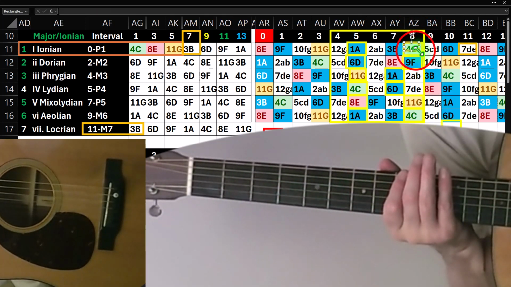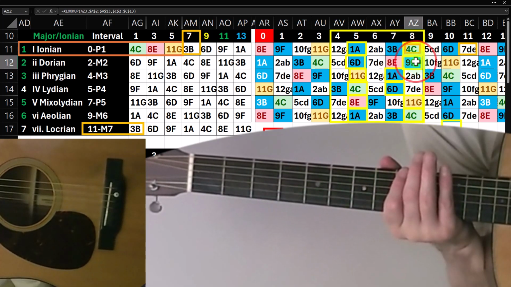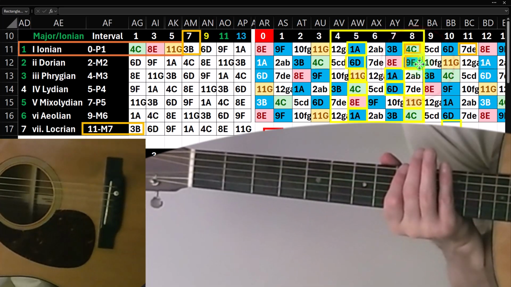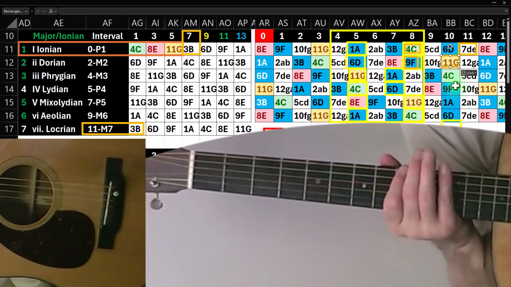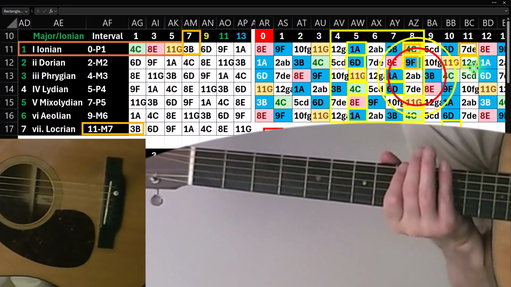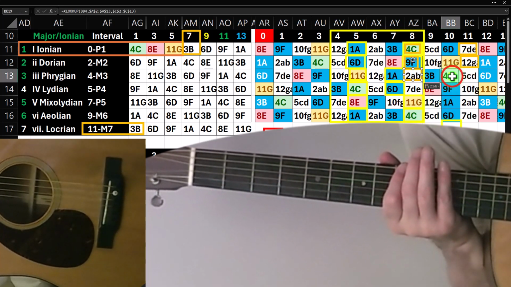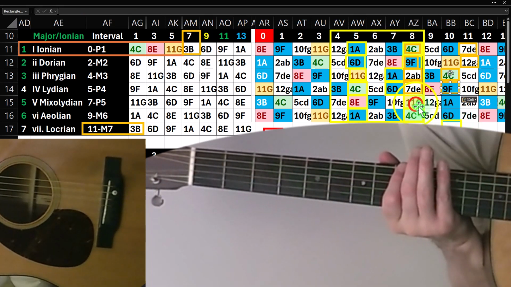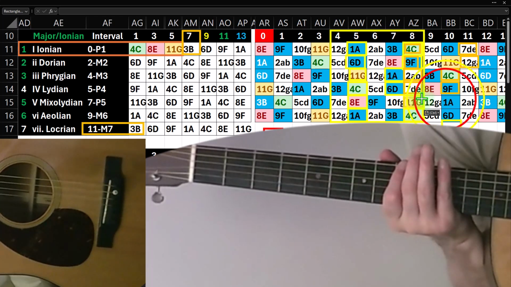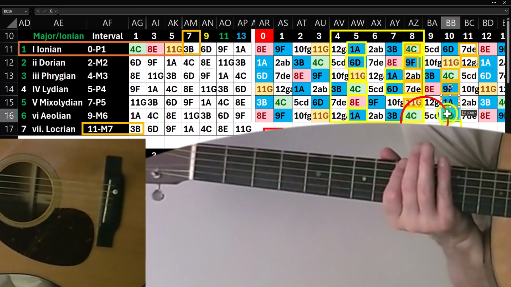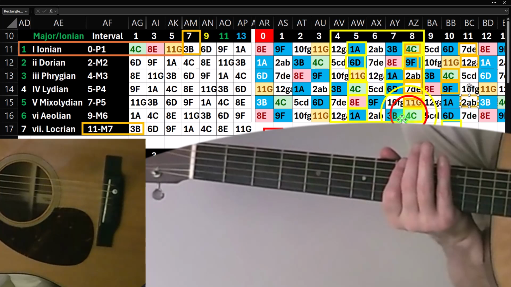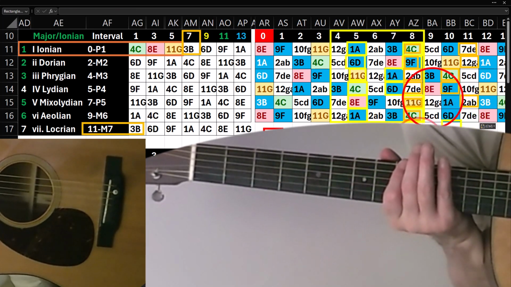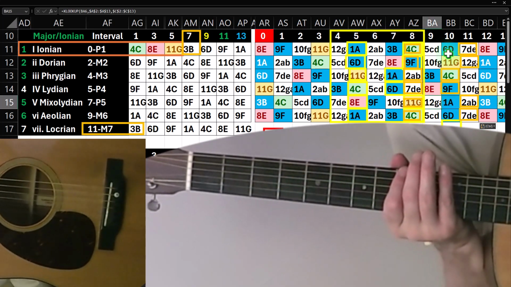It would go from here to here, and then from here to here, and then here to here. Actually, this one would be out here, and then to here. So notice this shape doesn't quite fit.